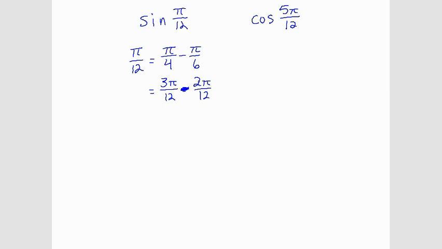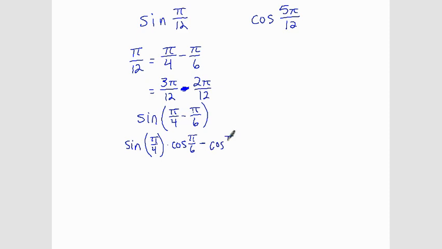Okay, so that means I can rewrite this as sine of pi over 4 minus pi over 6. And once we have it in this form, let's go ahead and use our difference identity. So sine pi over 4 times cosine pi over 6 minus cosine pi over 4 times sine pi over 6.